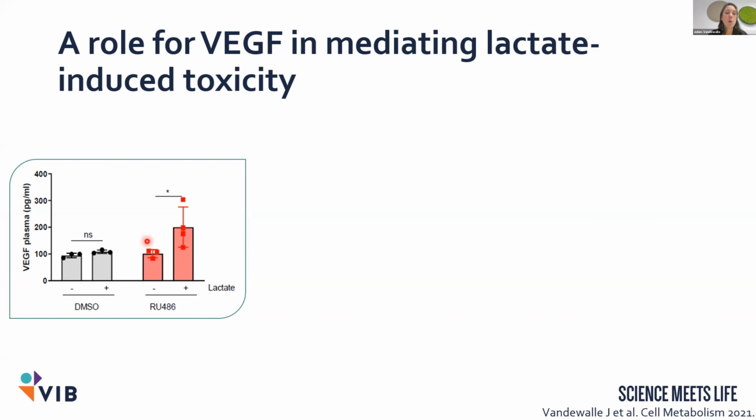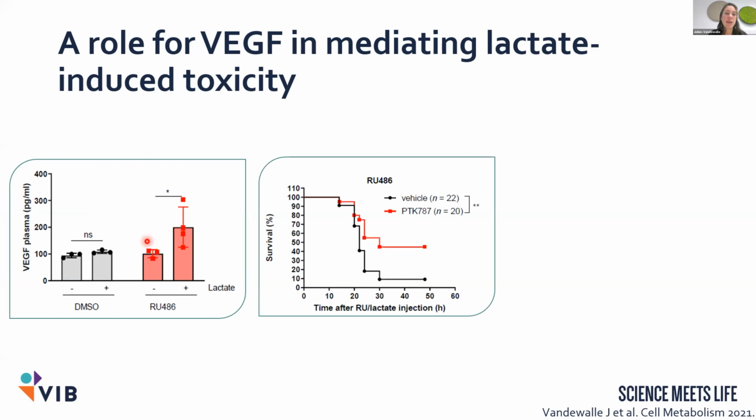Interestingly, when we inhibit the VEGF signaling pathway with the help of PTK787, which is a VEGF receptor 2 inhibitor, in our RU lactate model, but also in our GRdim lactate model, we could reduce the lethality upon lactate injection to a certain degree.